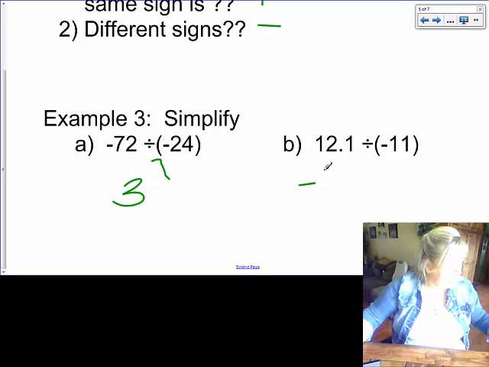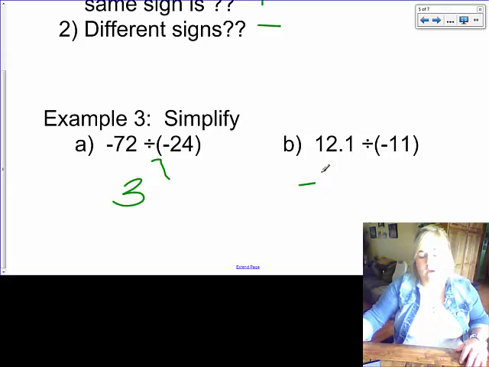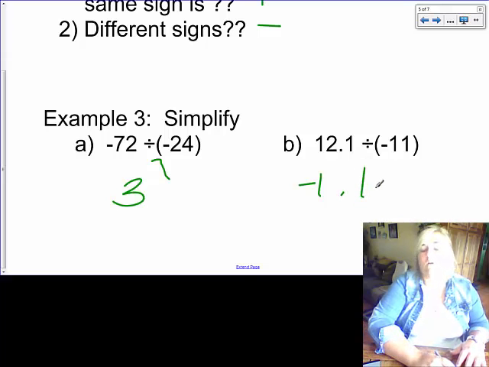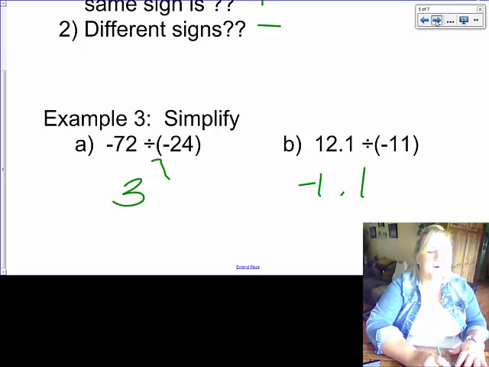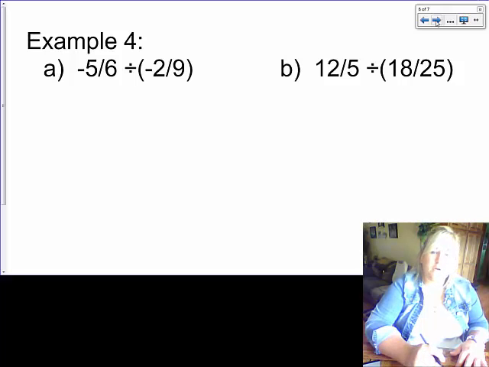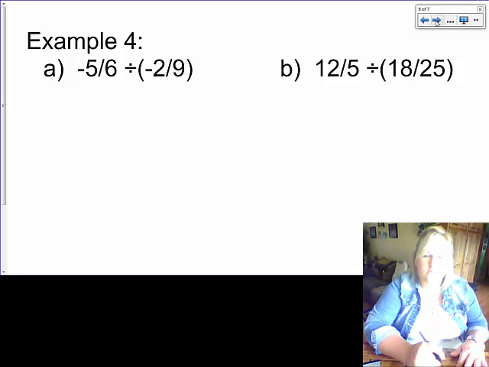And I have 12.1 divided by a negative 11. And that answer is going to be a negative 1.1. I want you to go ahead and do these on your own. So you can pause at this point and check your answer tomorrow in class.